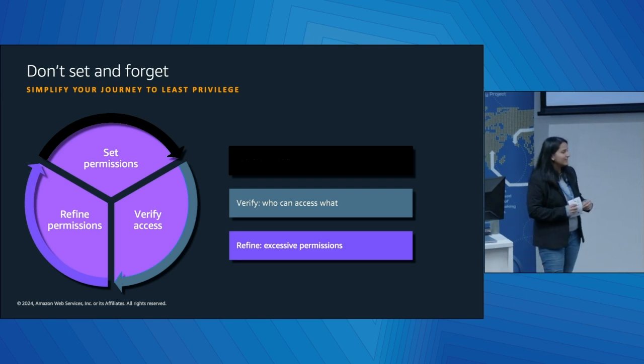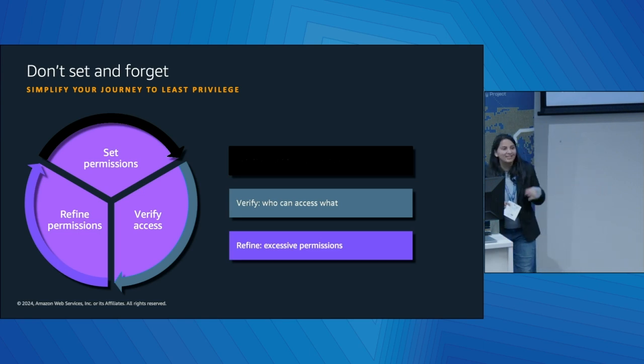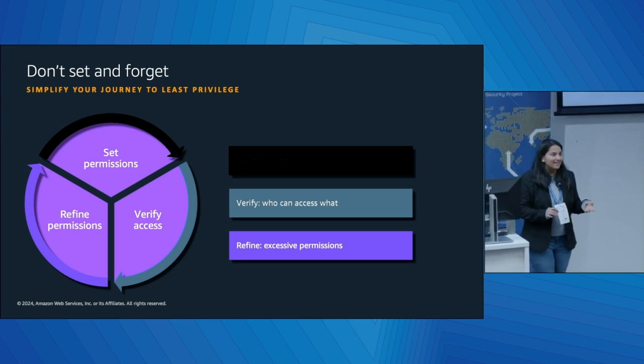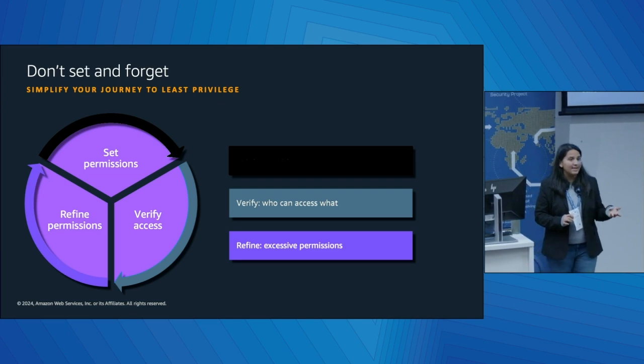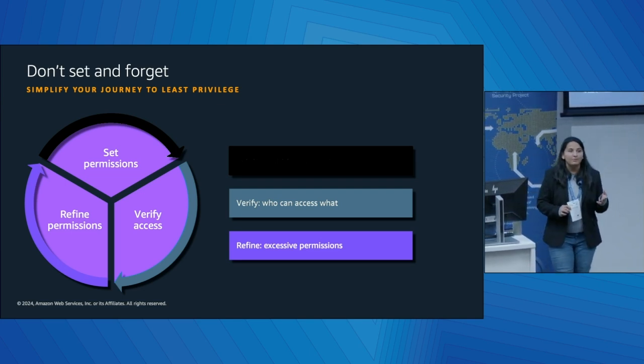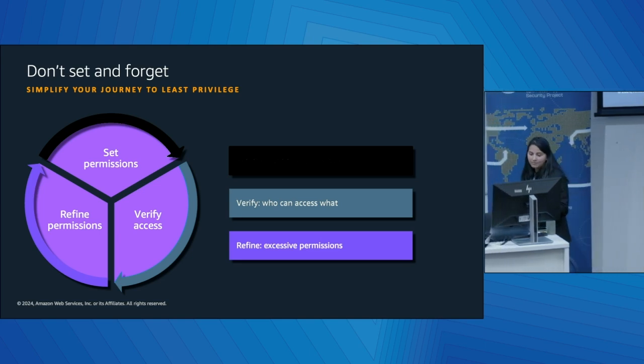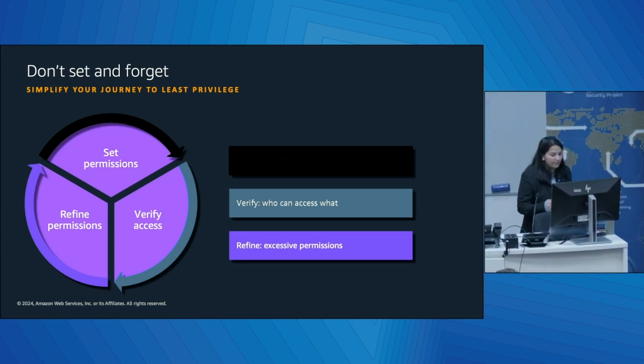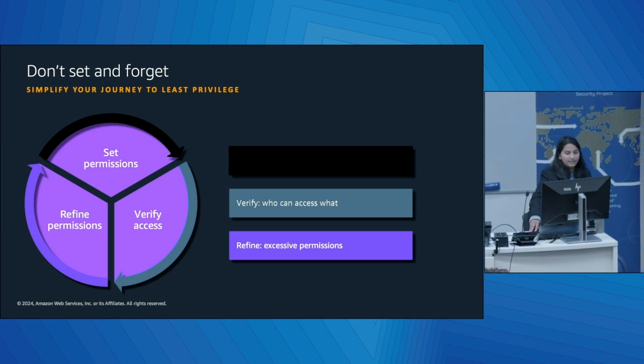And then you set and forget, but please don't do that. Don't set and forget. Iteratively look at them and see if the person still needs the access or not. Or did they change their job role? Continuously monitor, continuously verify, and reanalyze the permissions they get. So that is all about authentication.